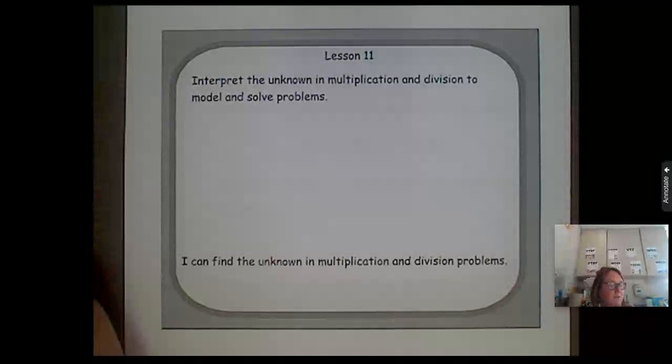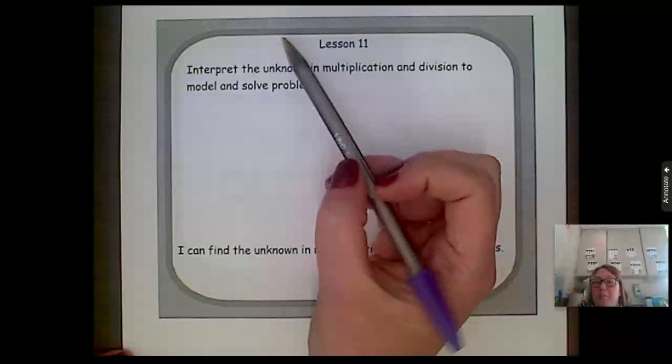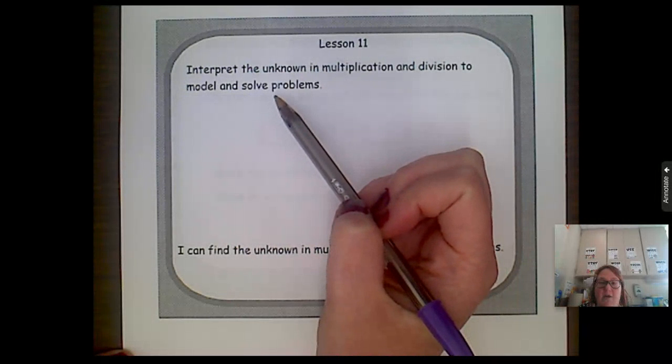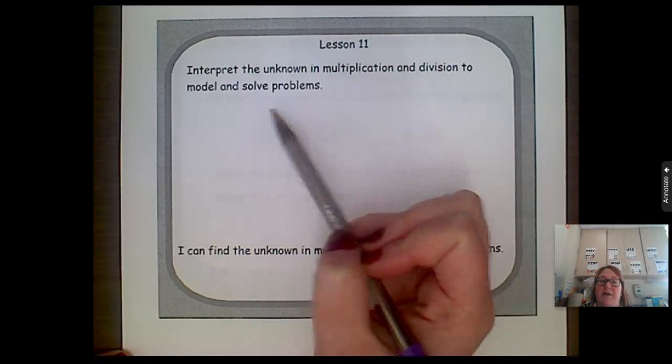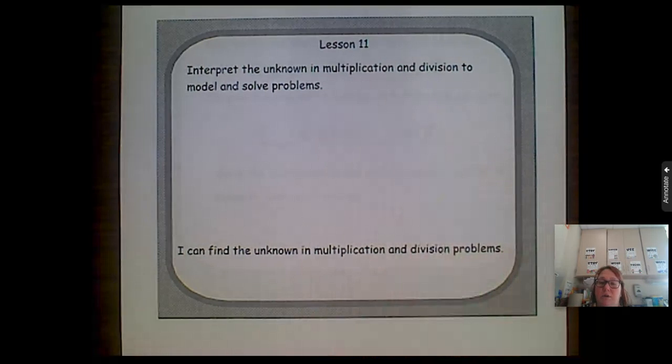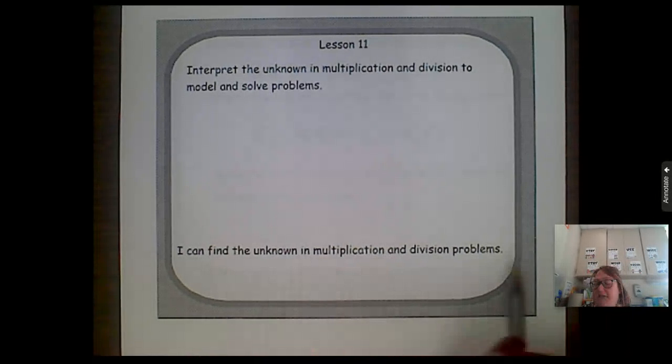For our lesson objective today, it says that we're going to interpret, which means to basically figure out the unknown in multiplication and division to model and solve problems. So our I can statement today says I can find the unknown in multiplication and division problems. Do you remember, I believe it was 2 math lessons ago, we were finding the unknown in our multiplication and division sentences.